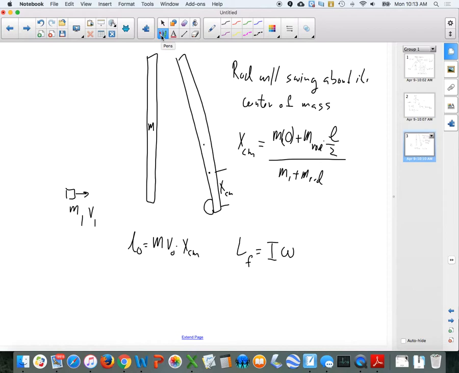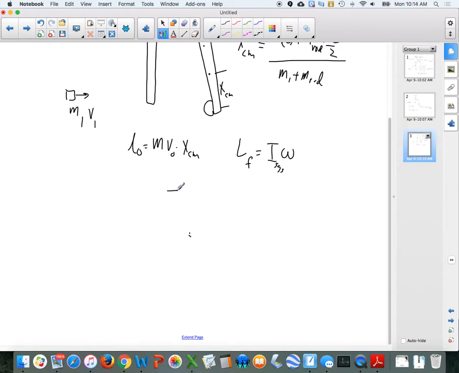So the trick here, where you have to be careful, is this is I of the system. And so in this case, I of the system is going to be M1 x center of mass quantity squared. That's the contribution of this hunk of clay, which is located a distance x center of mass away. Then I need to use the parallel axis theorem.